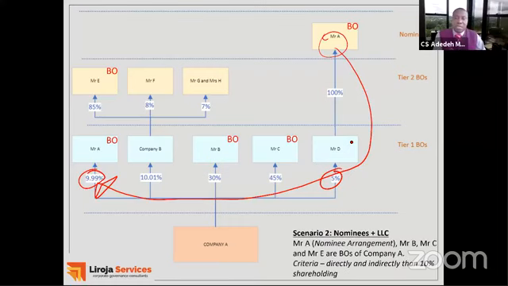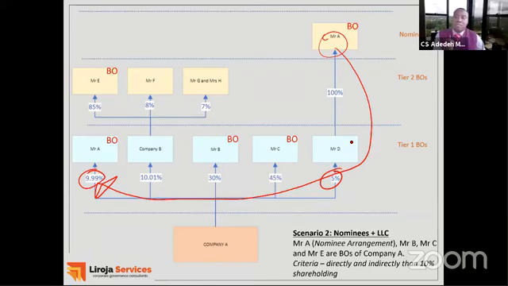So in summary, in this instance we have Mr. A becoming a beneficial owner out of a nominee arrangement, which is an indirect measure. Mr. B, Mr. C, and Mr. E also become beneficial owners. Please do note that Mr. E is indirect.